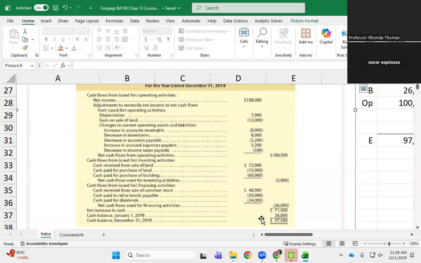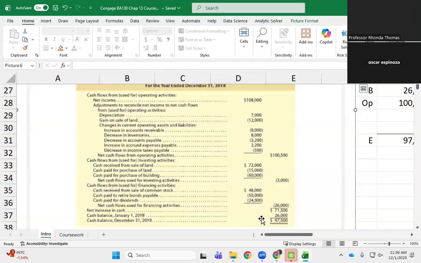Net cash flows from makes cash flow go up. I want to make sure you know these words. If you see the word used in the cash flow statement, it means a decrease in cash flow.